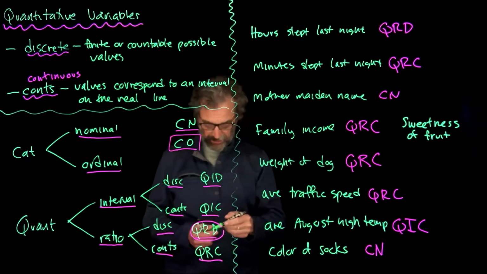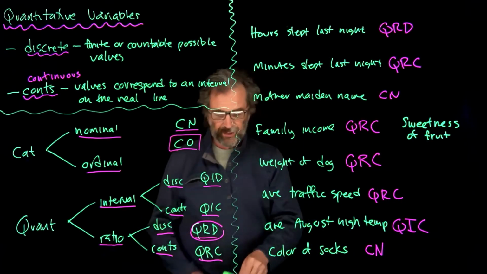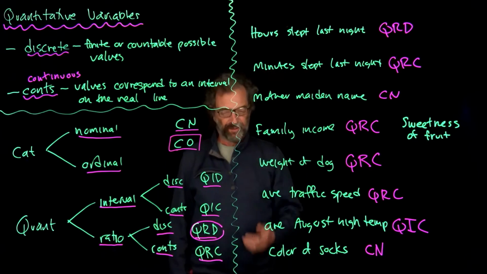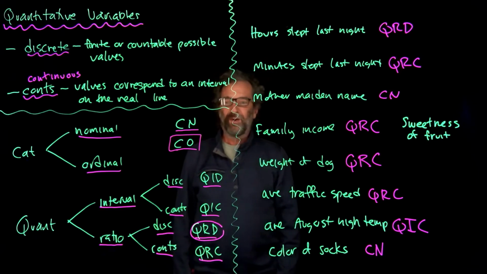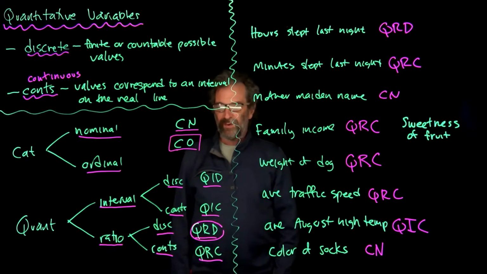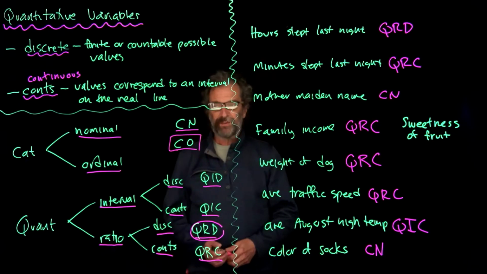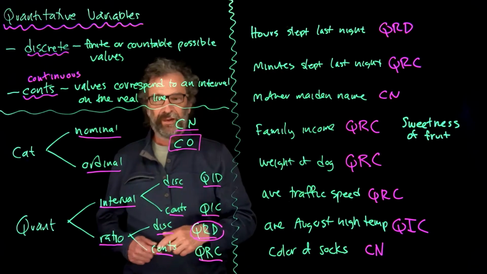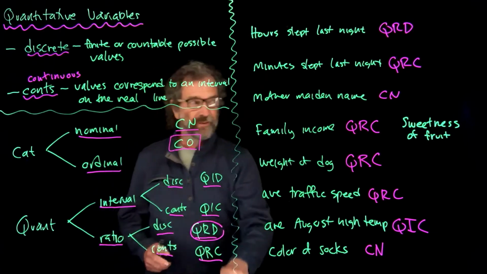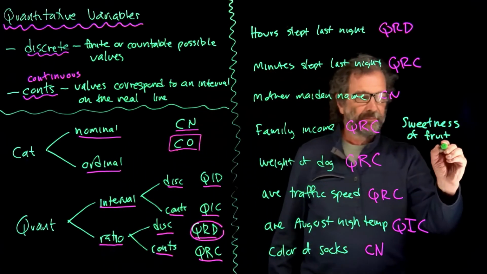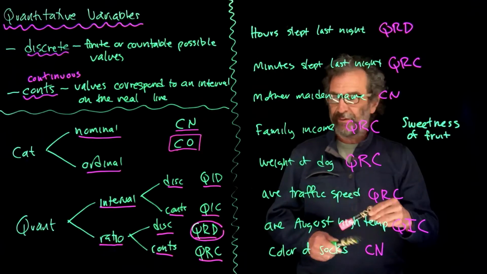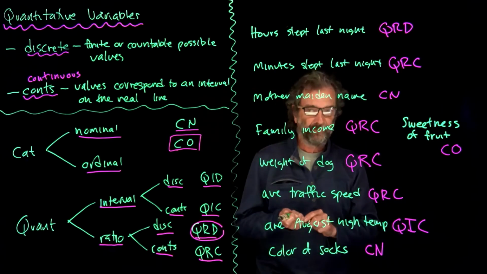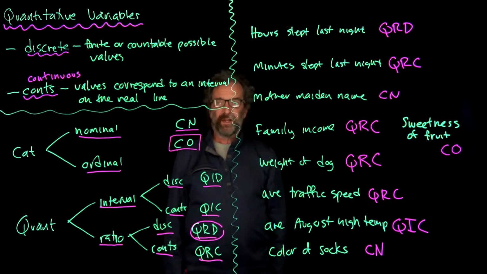So you go to the store, you pull out a peach, and you take a bite, and your friend says, how sweet is that? You go, "Not very," or "That's pretty sweet," or "It's not really ripe yet." So there you have some idea that sweetness has an order to it. There's more sweet and less sweet, so that makes it categorical and ordinal. Oh, I got to get the right colors here. Categorical, ordinal. Okay, I guess that's good enough.